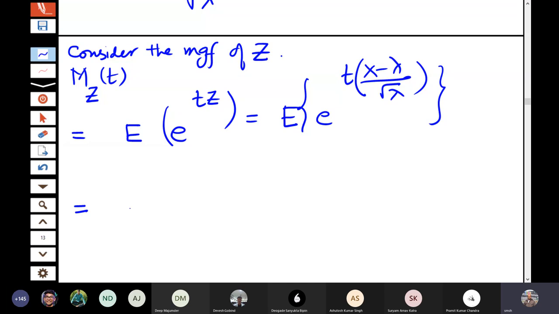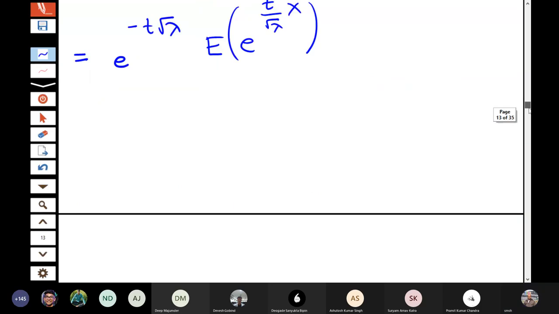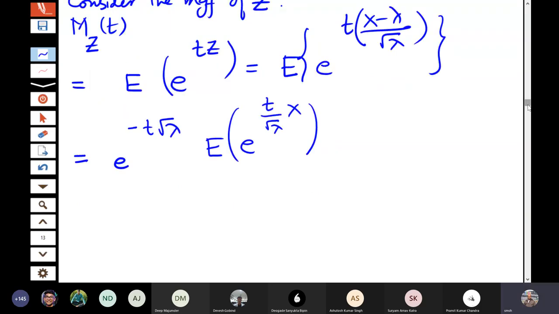So this is then e to the power minus t root lambda, and then it becomes the expectation of e to the power (t by root lambda) X. Is this clear? So this is nothing but the moment generating function of X at the point t by root lambda.